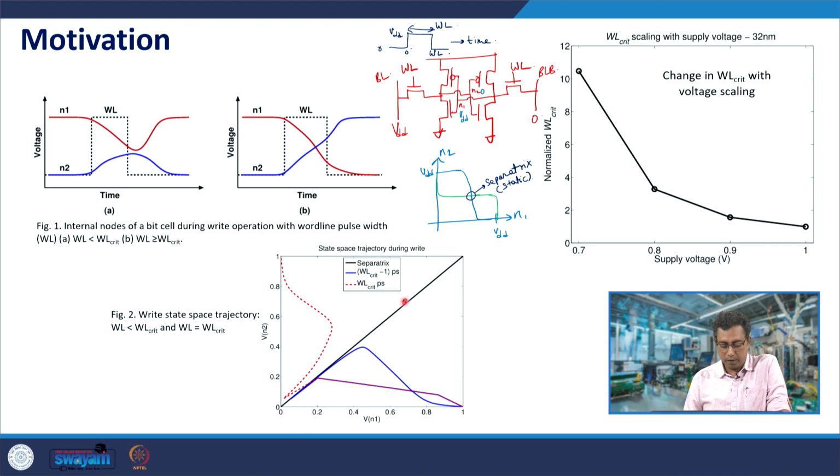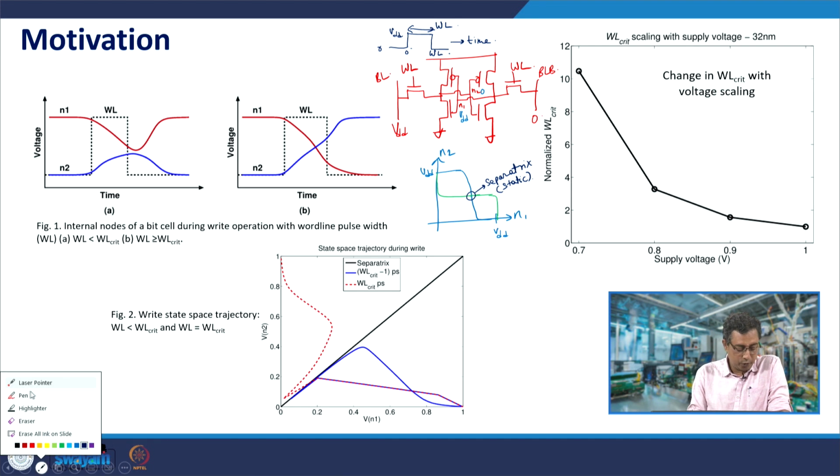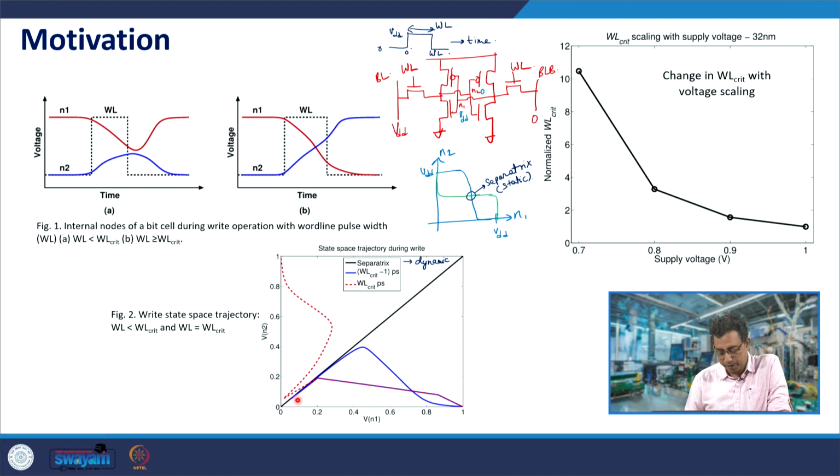And we can see it this way also. This is through dynamic simulations, which I am showing, in static. So, the static separatrix or metastability point could be different from the dynamic value. Here this is for dynamic simulations, transient simulations or transient measurement of dynamic properties. So, what is this WL critical?